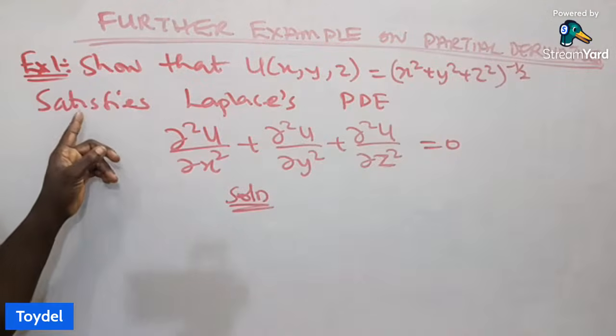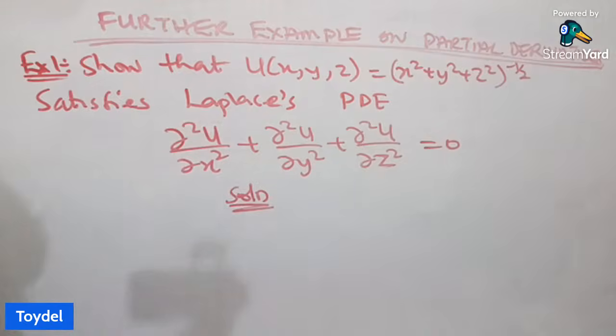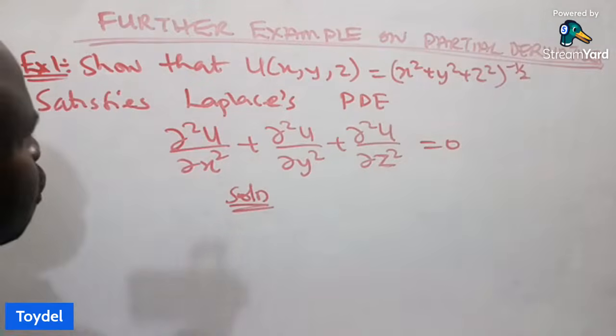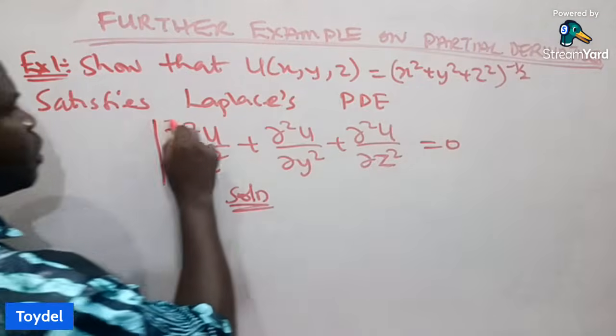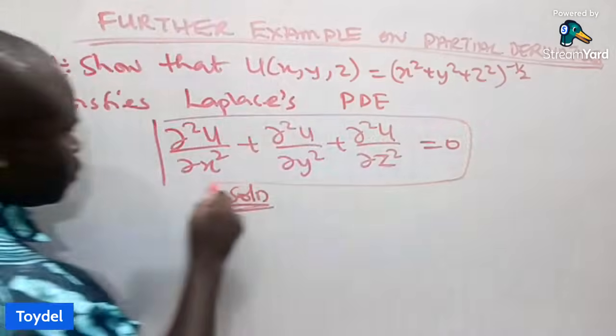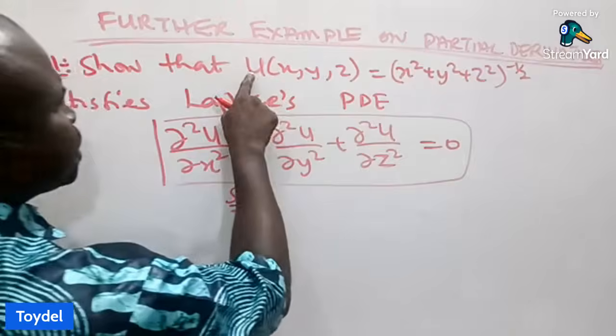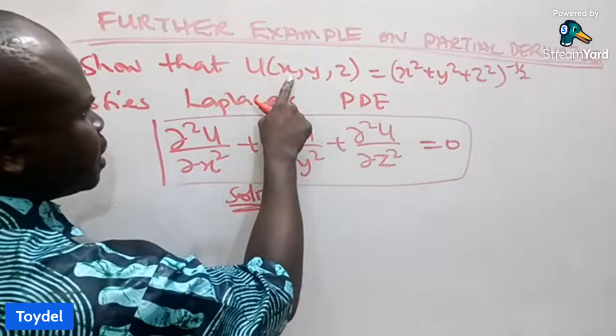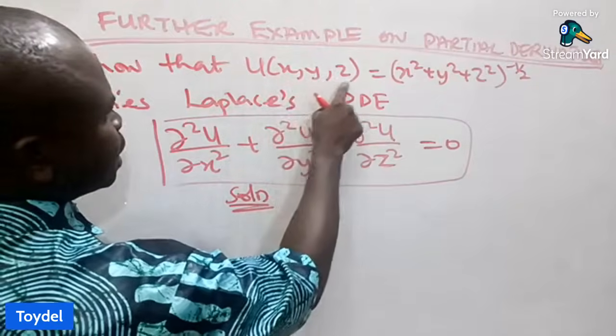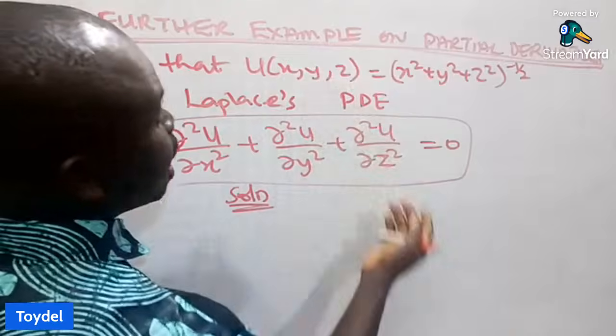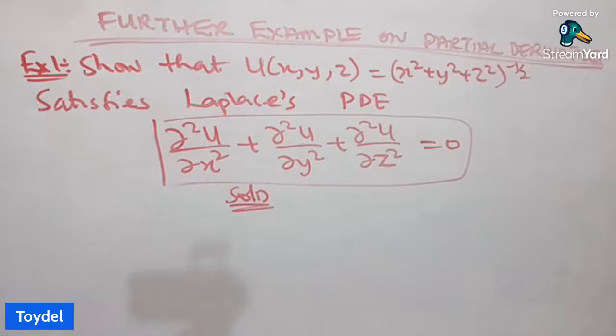We have to show that this satisfies the Laplace PDE, partial differential equation. We want to show that when we do this, everything is equal to 0. So under partial derivative, if we want to differentiate u with respect to x, you pretend as if y and z are constants. So this is what we want to show.